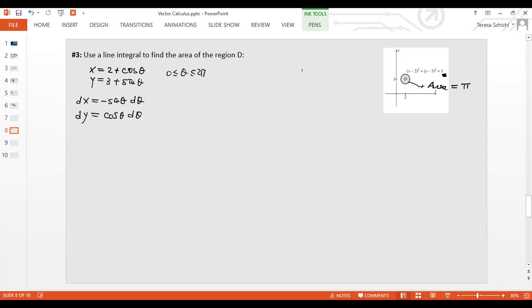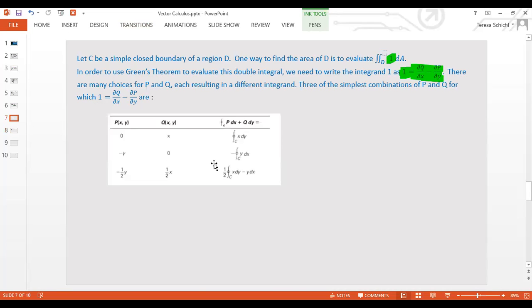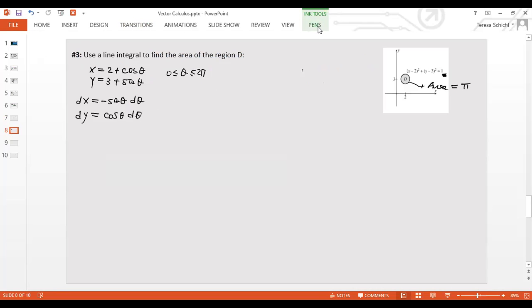Okay, and now in the green series here. So like we said, we can have these choices here, right? So now let's try to use this one. Now I'm going to try to use the two of them. You will see they will get the same answers here, right? So I'm going to use this one here. So I can use the green series, right?